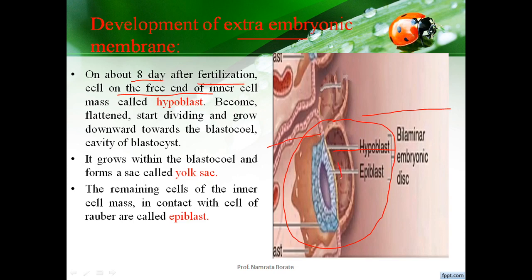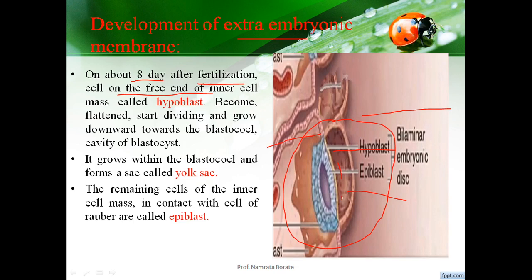You can see here this cell becomes a flat-ended cell, starts dividing and grows downward towards the blastocele, that's the cavity of the blastocyst.